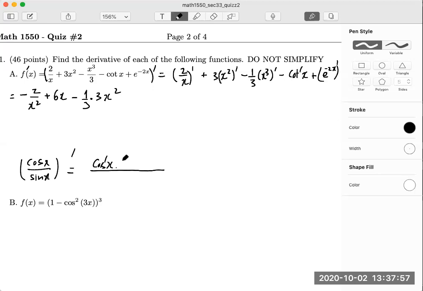Times what? What is next? Yes, cosine times sine derivative. Very good. And the denominator squared, right?